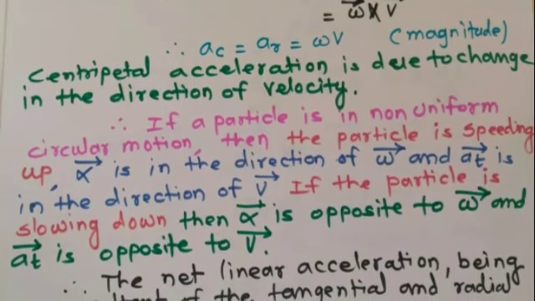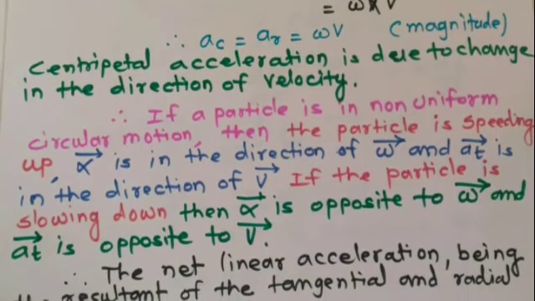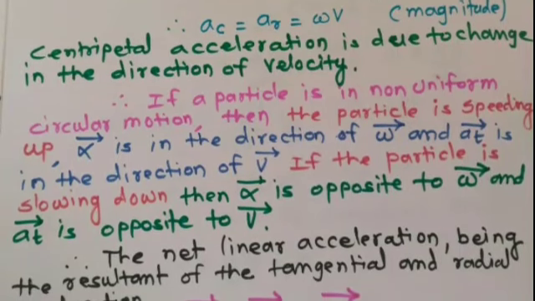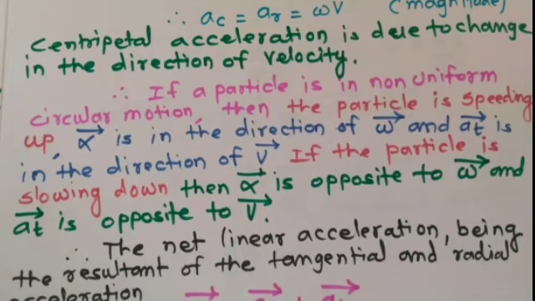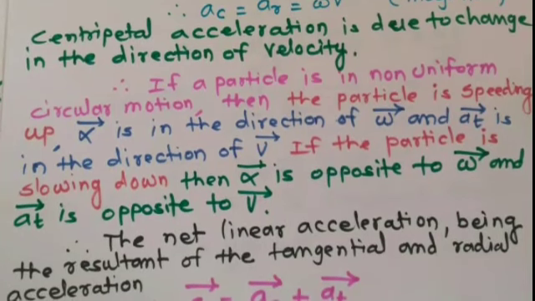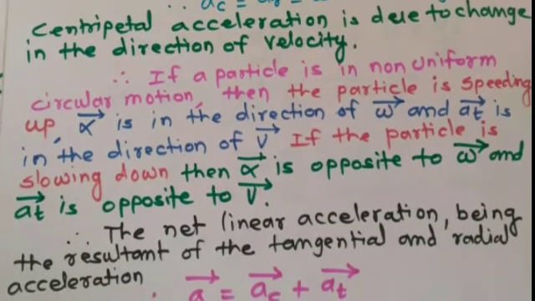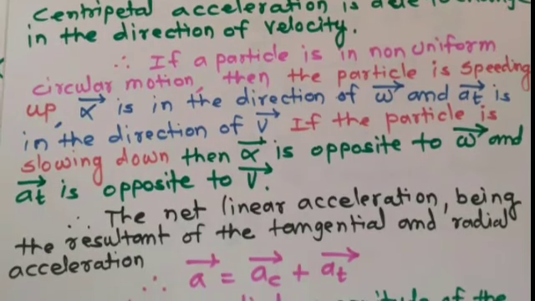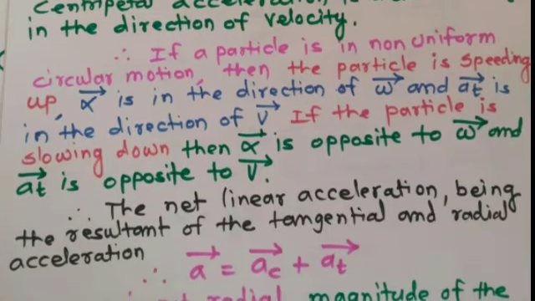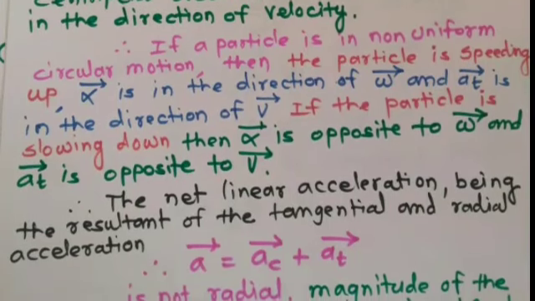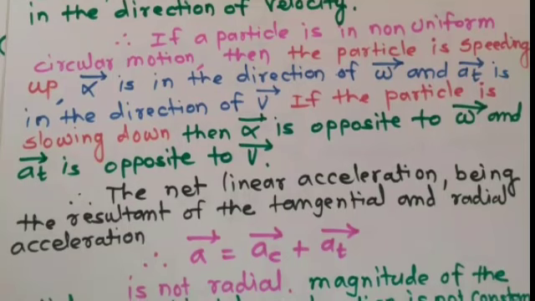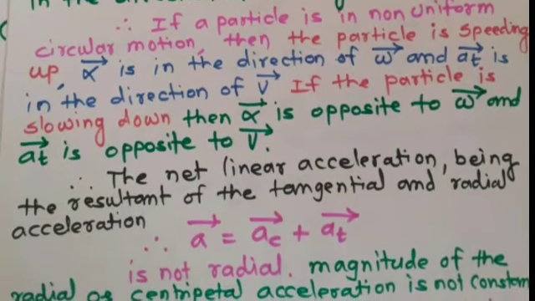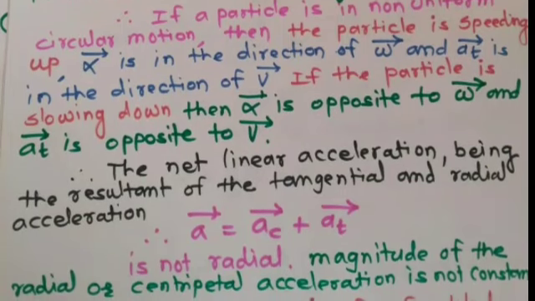If a particle is in non-uniform circular motion and speeding up, then vector alpha is in the direction of vector omega and vector a tangential is in the direction of vector v. If the particle is slowing down, then vector alpha is opposite to vector omega and vector a tangential is opposite to vector v.